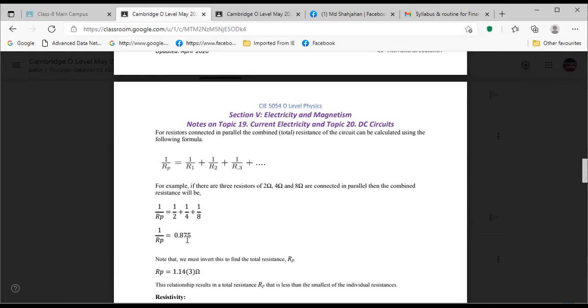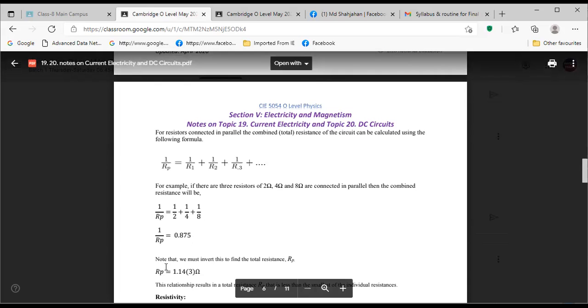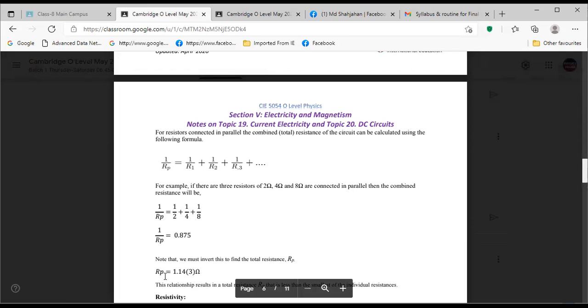If you calculate, it comes 1/Rp = 0.875. Then you have to reverse it. Note that we must invert this to find the total resistance Rp. So Rp, if you reverse it, comes 1.14 ohms.